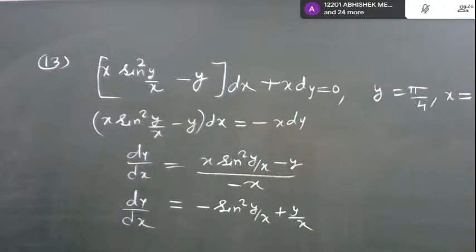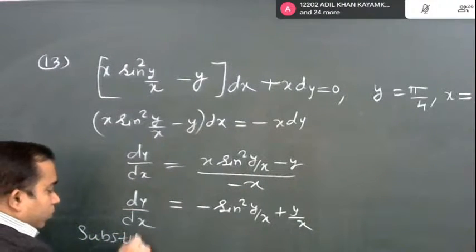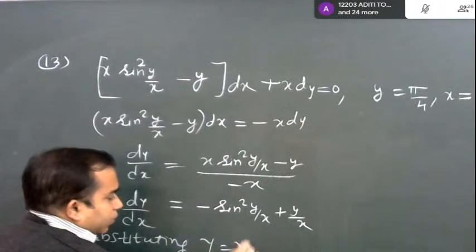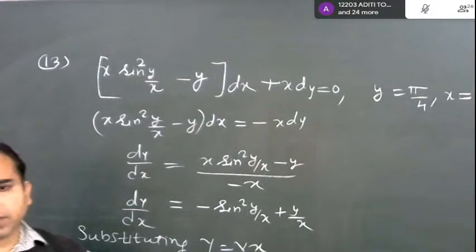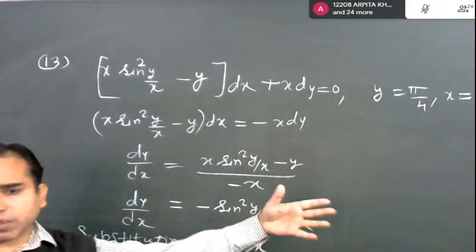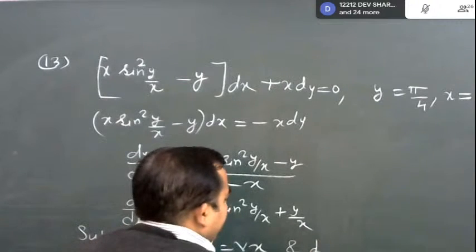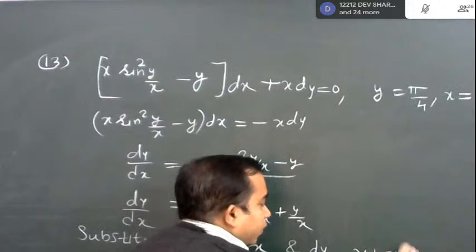Begin. Y equal to Vx, substituting y equal to Vx. In all the questions of this exercise, we put y equal to Vx or maximum x equal to Vy in some questions. So, y equal to Vx and dy upon dx equal to v plus x dv upon dx.